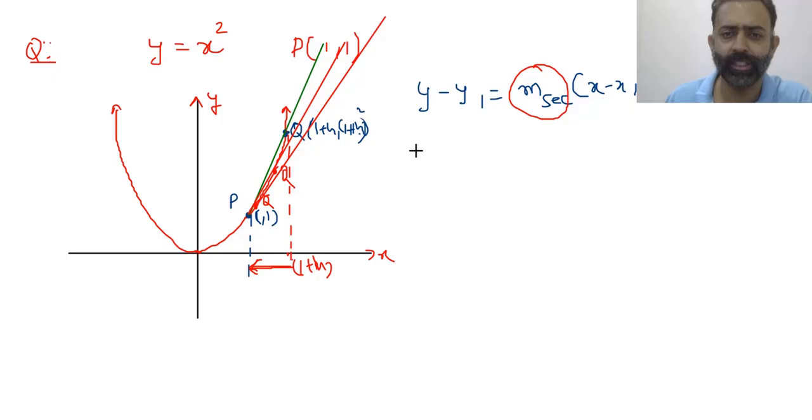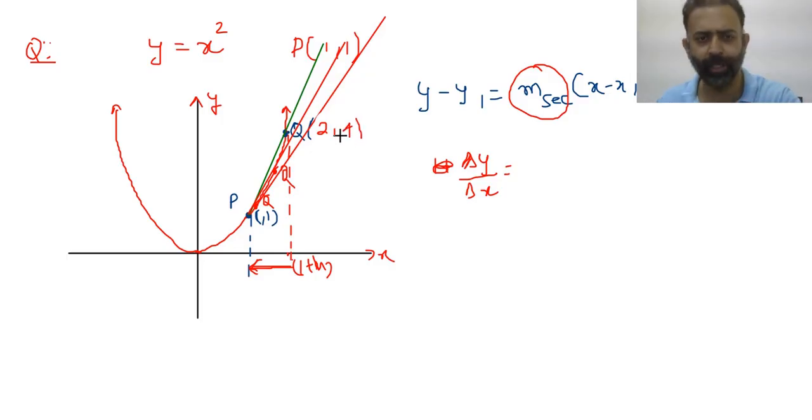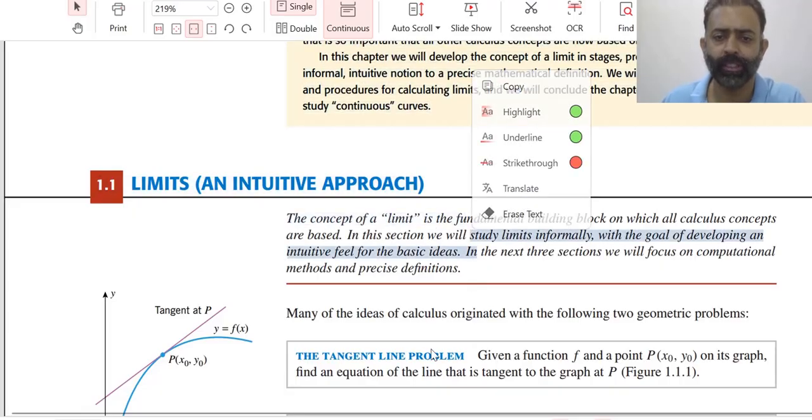So change in y is, let us say, 1 plus h square. Or I should take this point as 2, 4, just nearby the point P.